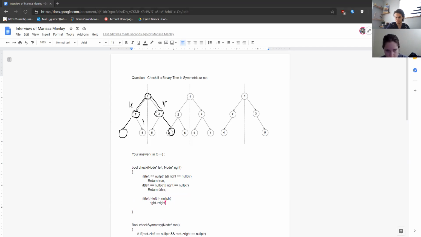But the thing is, I can't just start sending every single kid in to check because it's not going to work, because they're going to need to be opposites.